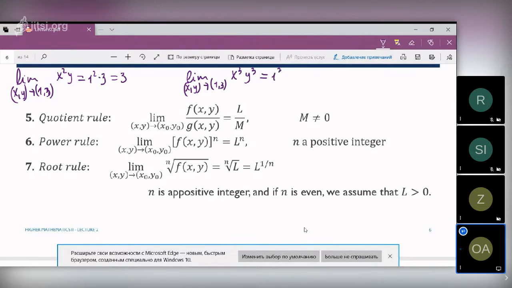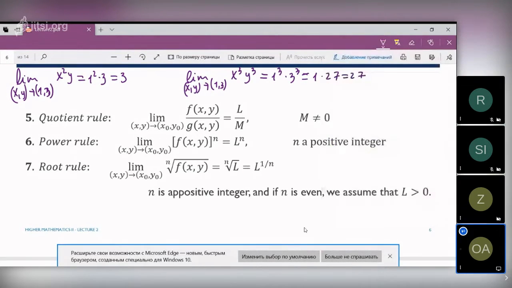So x cubed, which is 1 cubed, times y cubed, 3 cubed. 1 cubed is 1, times 27. So the answer is 27.